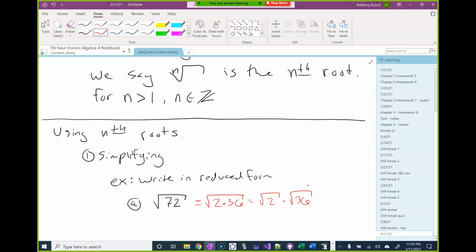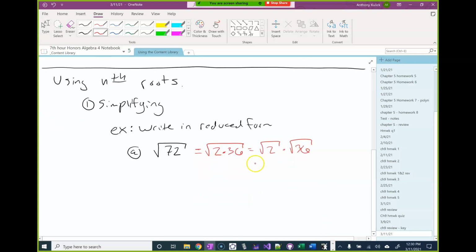So square root of 2 times the square root of 36. And the square root of 36 is just 6. So I can call that 6 root 2. Everybody okay there?